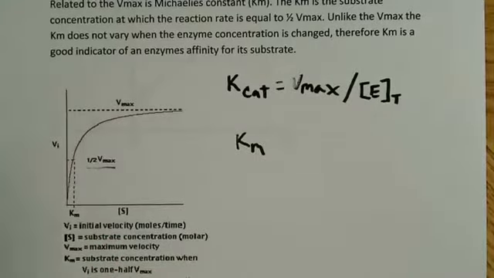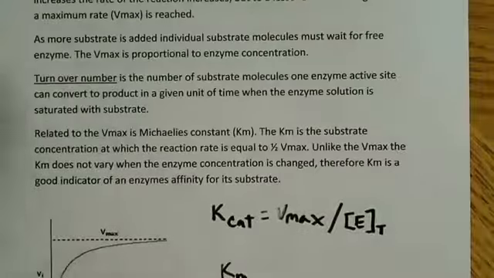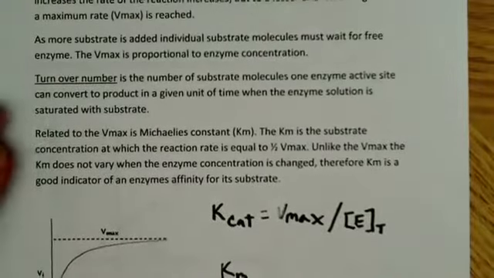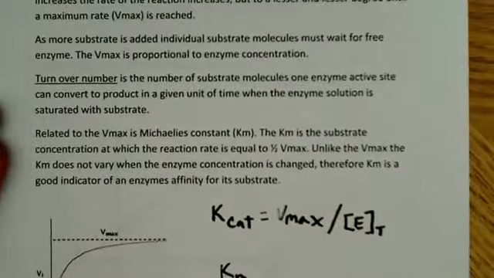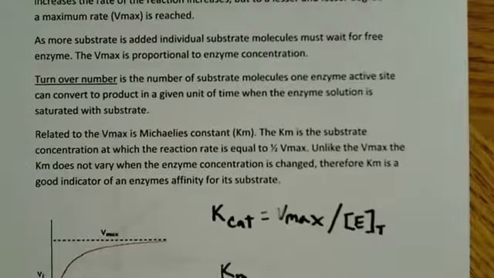Okay? And unlike the Vmax, the Km does not vary. This is actually why the Km is important, or how the Km can be used. Unlike Vmax, the Km does not vary when enzyme concentration is changed. Therefore, the Km is a good indicator of an enzyme's affinity for substrate.